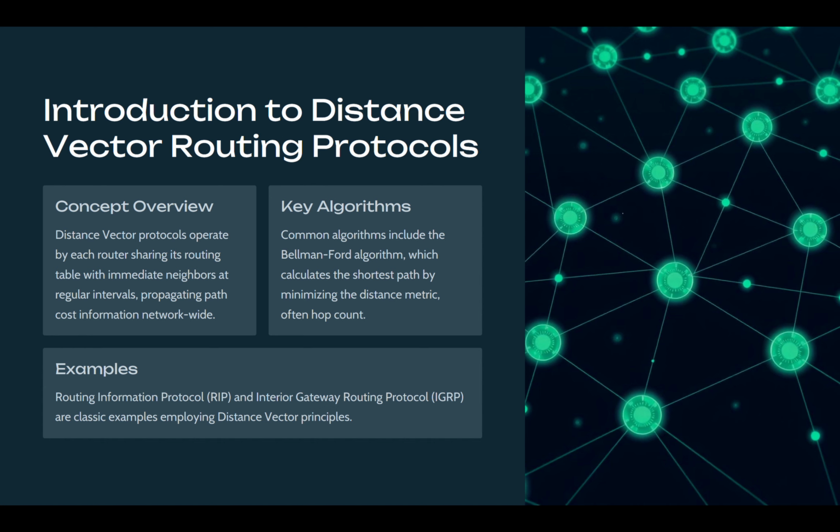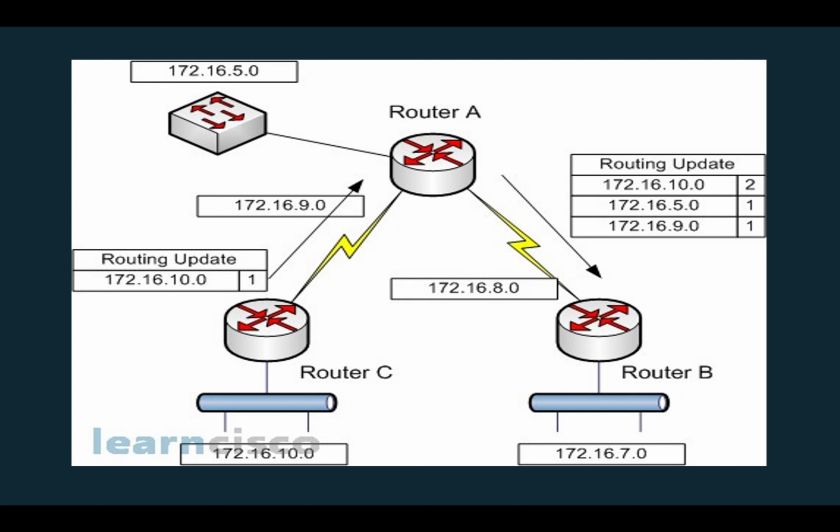Examples are Routing Information Protocol (RIP) and Interior Gateway Routing Protocol (IGRP), which are classic examples that employ distance vector principles. This picture explains how distance vector routing works.